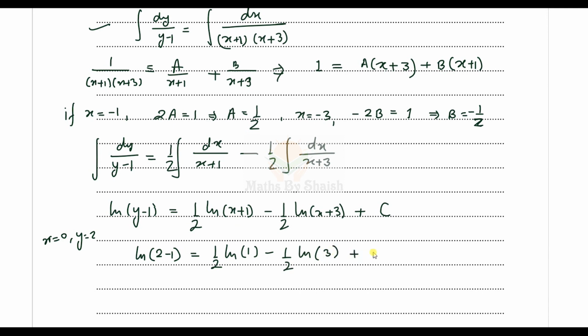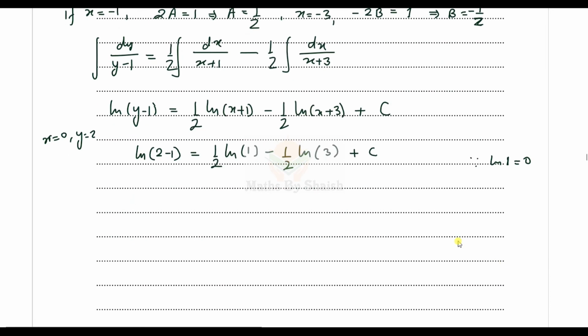plus a constant c. Now we know that ln 1 is always going to be 0 for any base, and here the base is e, so this is 0, this is 0, and c is equal to 1 over 2 ln 3.